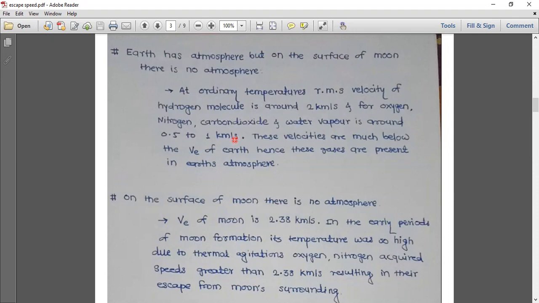So they have relatively very little velocity compared with the escape velocity of Earth. That's why they are unable to escape from Earth, and therefore all these contents are present in Earth's atmosphere. Understand? Clear? Next, whereas on the moon, what happens?